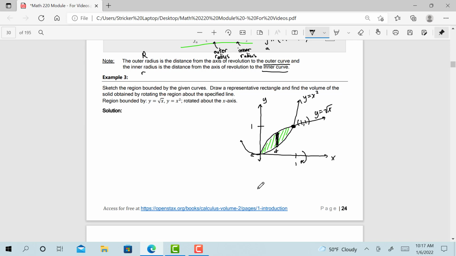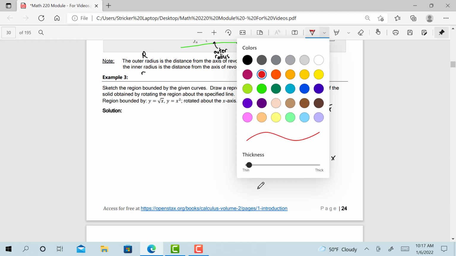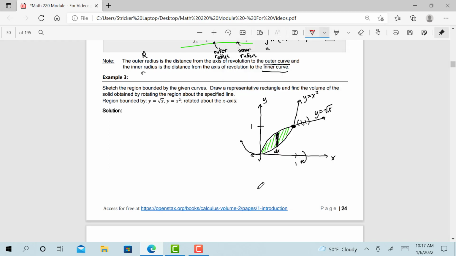The width there is dx. And if we think about what this is going to look like when it rotates about the x-axis, our disk is going to look something like that.